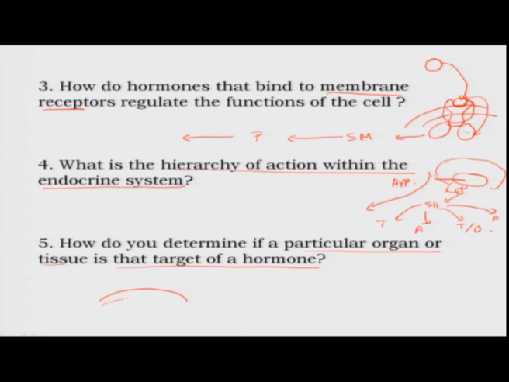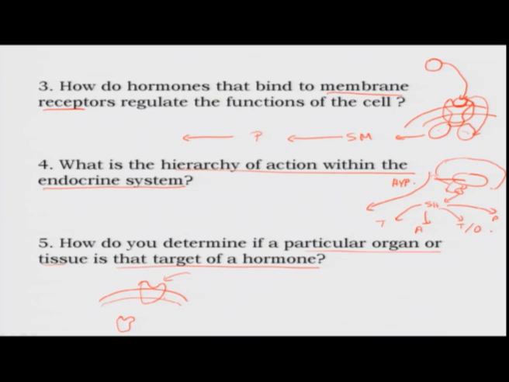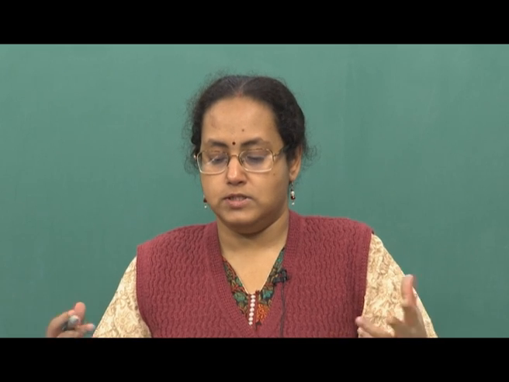Only if that organ or tissue has the receptor, either displayed on the membrane or present within the cytoplasm or nucleus, depending on the kind of hormone, will it be able to be a target for that hormone. Not only this, it also has to respond to the presence of the hormone by activating the signaling cascade downstream, which will ultimately lead to the physiological response that is expected.